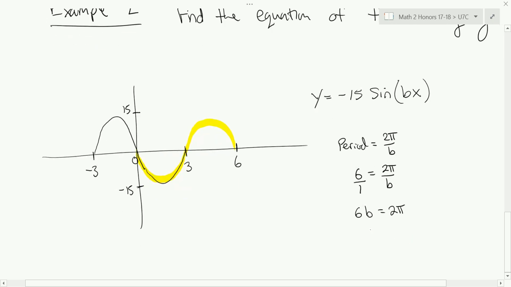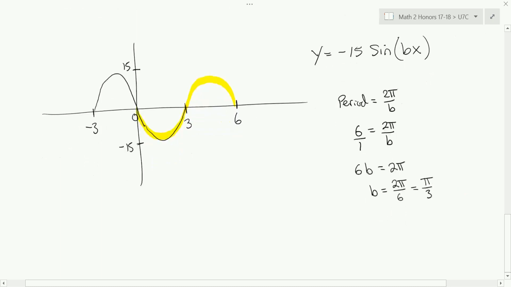And divide by 6. And we reduce that fraction, you get pi over 3 for b. So our equation should be y equals negative 15 sine of pi over 3 x.